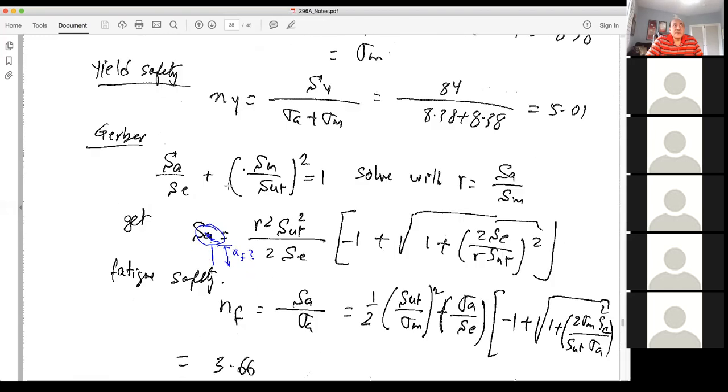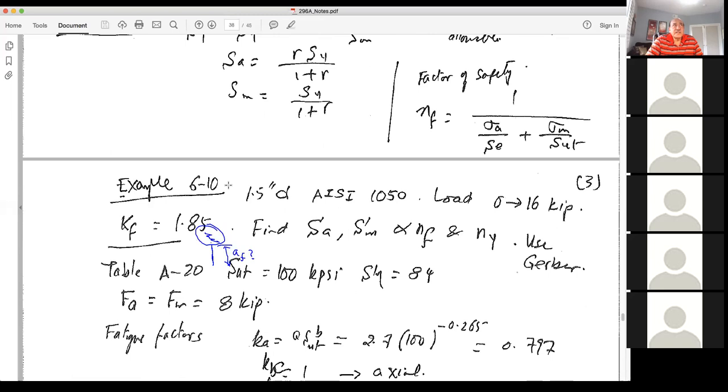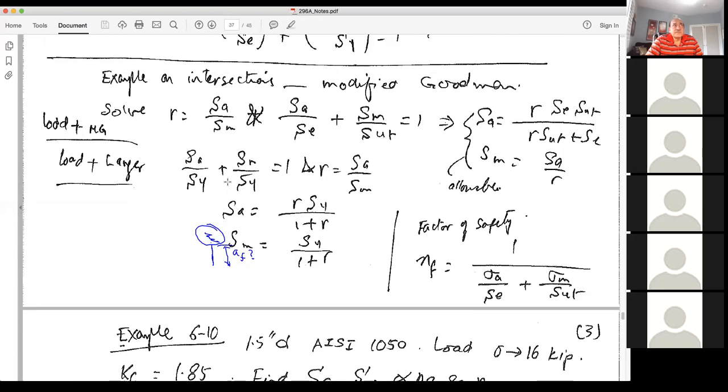And that's the example that we have here. The example has modified Goodman. First, I'll talk about modified Goodman, then I'm going to talk about Gerber in a minute. If it is modified Goodman, we have a linear equation for S alternating versus SM, and the load line, which is another straight line, S alternating with SM.